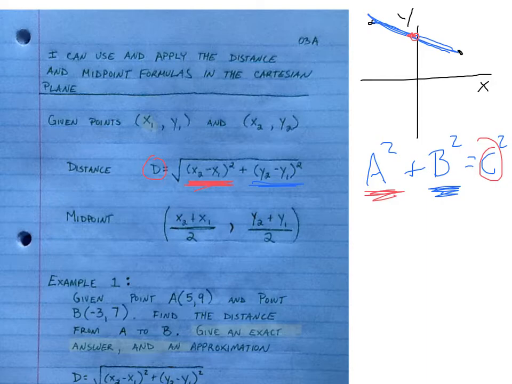You don't need to know this correlation, but some people find interest in seeing where these formulas are derived from. The next formula is the midpoint formula. To find the midpoint of 2 points, you want to find the average of the 2 coordinates. So the average of the x's would be x sub 2 plus x sub 1 divided by 2, and the average of the y coordinates would be y sub 2 plus y sub 1 divided by 2.